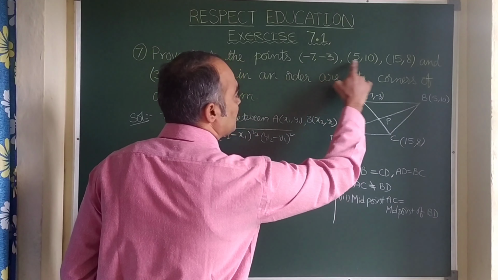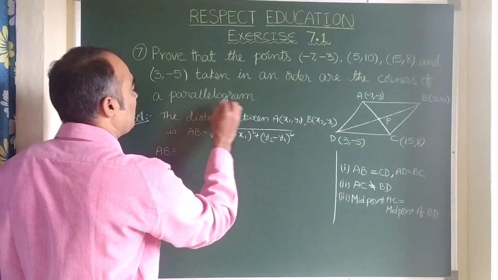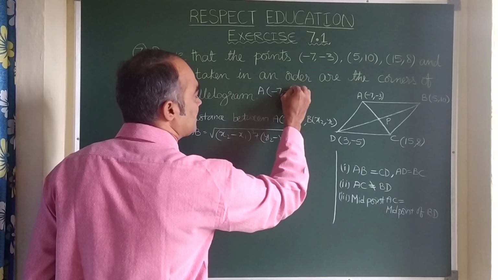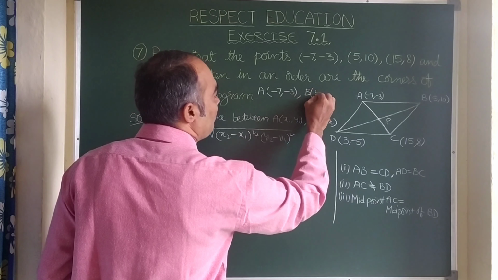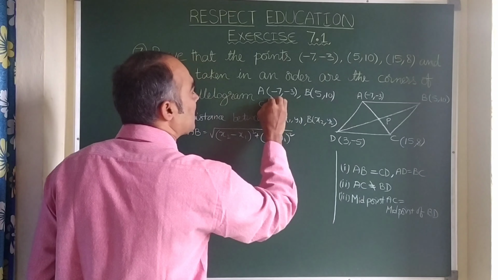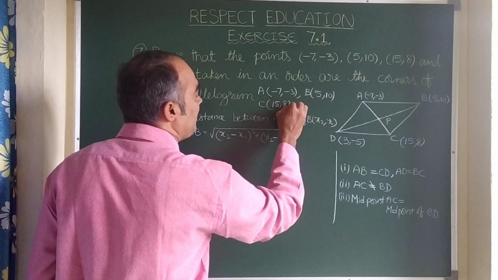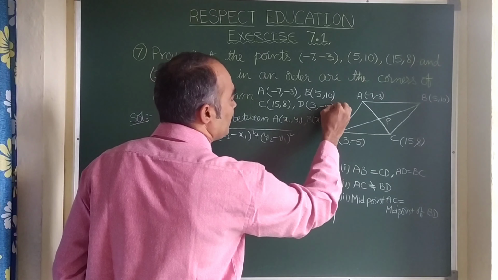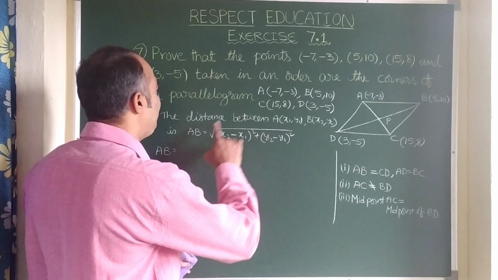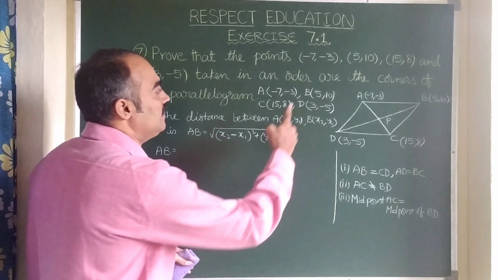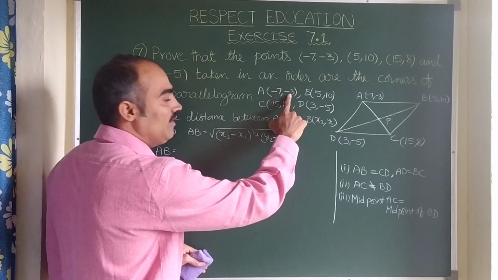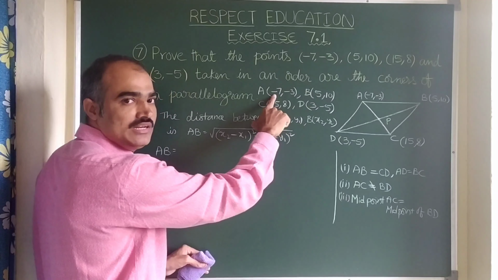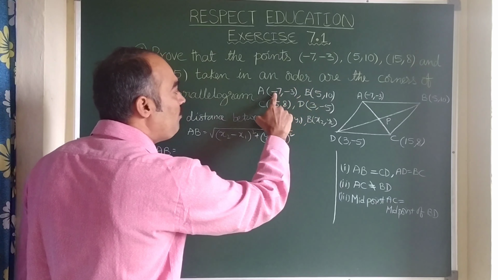As I told you, let us label them A, B, C and D. Let A be (-7, -3), B be (5, 10), C be (15, 8), D be (3, -5). Now we find the distance between A and B. It is x1, y1, x2, y2. So x2 minus x1, 5 minus of minus 7.